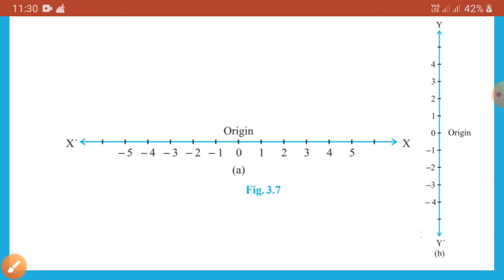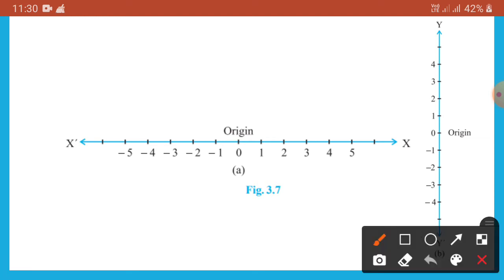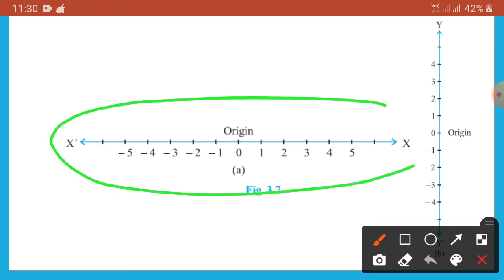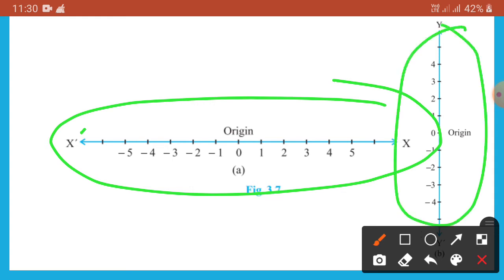These lines are obtained as follows. Take two number lines, calling them x'x and y'y, and place x'x as horizontal and write the numbers on it just as written on the number line.